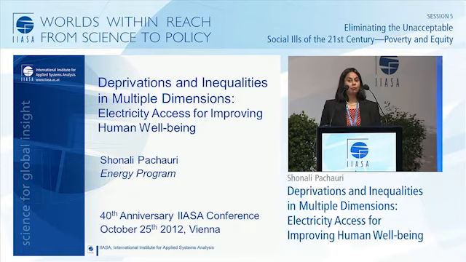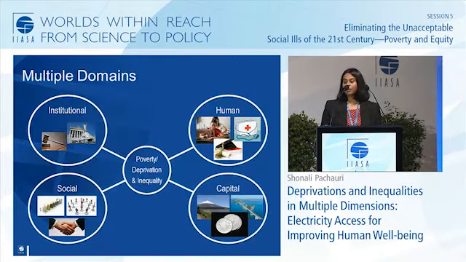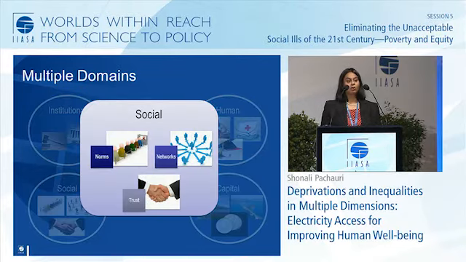Single-dimensional, money-centric measures of poverty are increasingly giving way to multidimensional indicators and indices. While I will not attempt to give a comprehensive picture of all these multiple dimensions, I would like to start by mentioning just some of the most important ones. So we heard already yesterday about the importance of the social dimension. Many people talked about trust and norms, and my colleague, Dr. Bayer, will also address this in the next presentation.